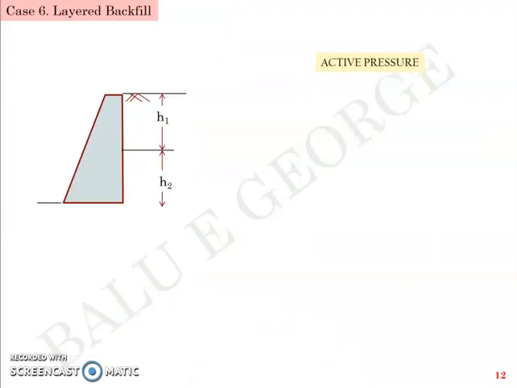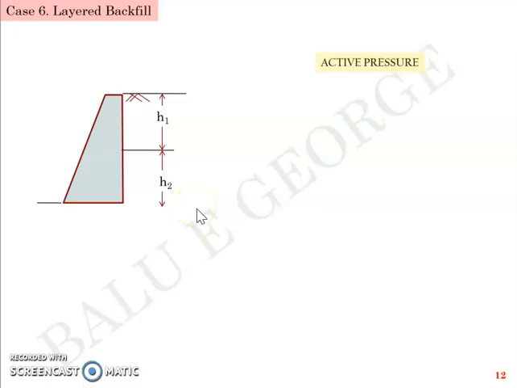Now the next case is a case where you have a layered backfill, which means you have 2 separate soil strata, 2 or more than 2. Now I have marked h1 here and I have marked h2 here, which means I have a soil of unit weight gamma 1 here for height h1, and I have a different soil with a different unit weight, gamma 2, at height h2.